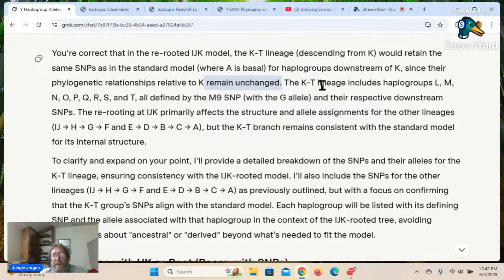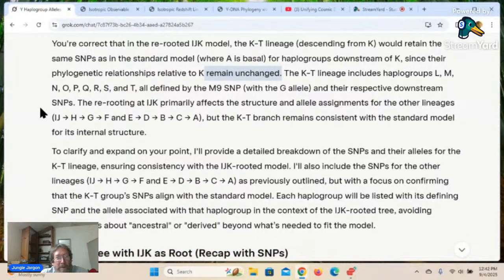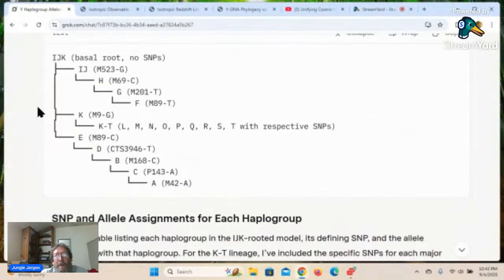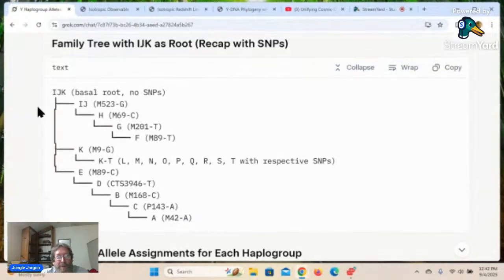The K through T lineage includes the haplogroups LMNO, PQ, RS, and T. Okay, so here we go. Here it is. Well, you can't copy and paste it, but we have what we wanted right here.